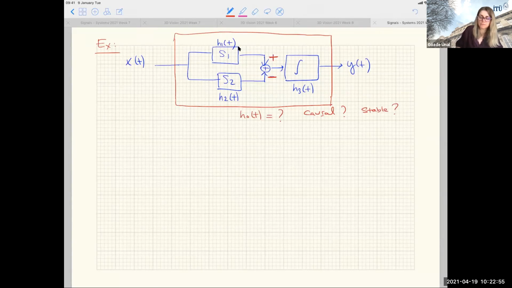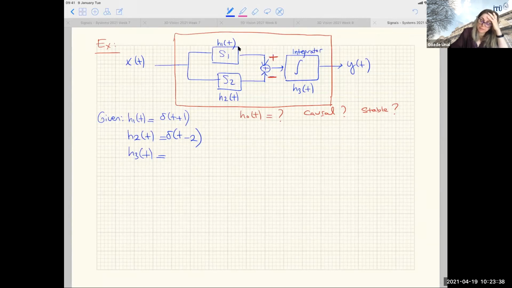I will give the form of the systems. H1 of t is delta of t plus 1. Okay, on purpose simple systems. You see a shifter to the left by one time point, and then a shifter to the right. And what is H3 of t? This is already given from the block diagram. It's an integrator.